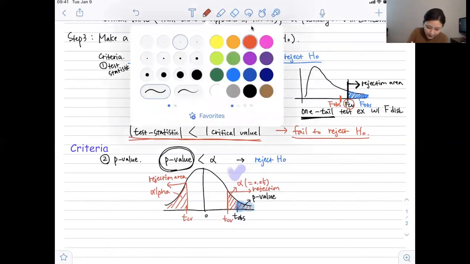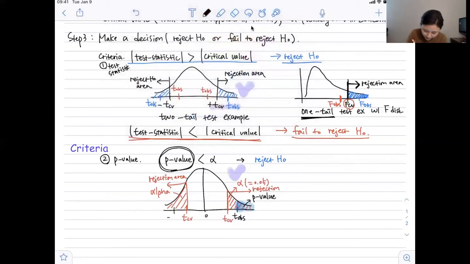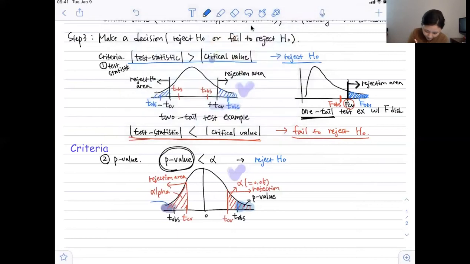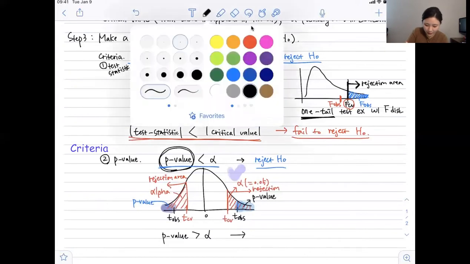And if I have a T observed value, the proportion less than the T observed value, I'm gonna highlight as blue, the p-value. So if the p-value is less than alpha, we reject the null hypothesis. If my p-value is greater than alpha, we fail to reject the null hypothesis.